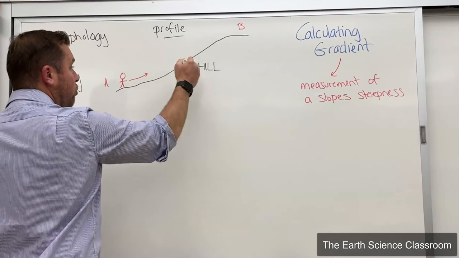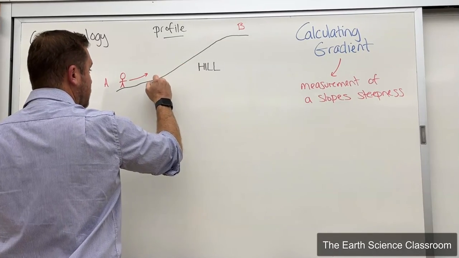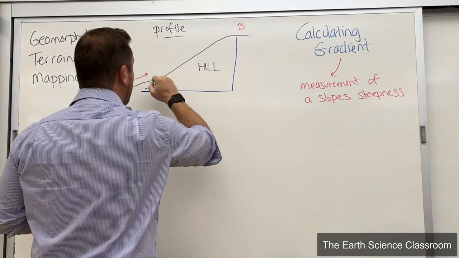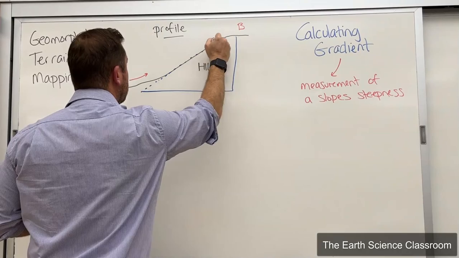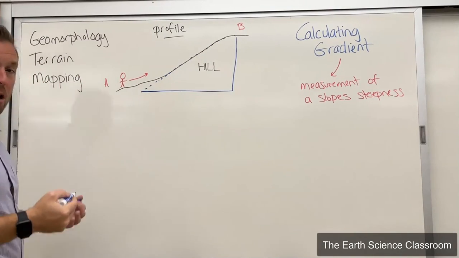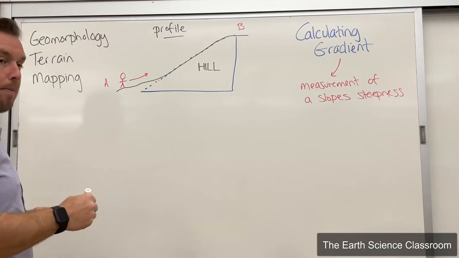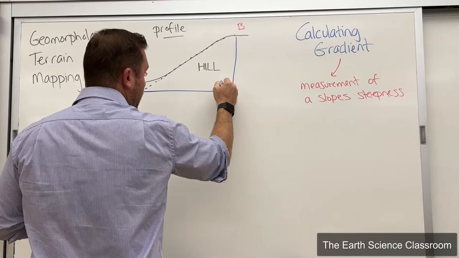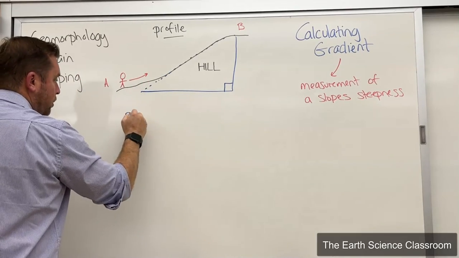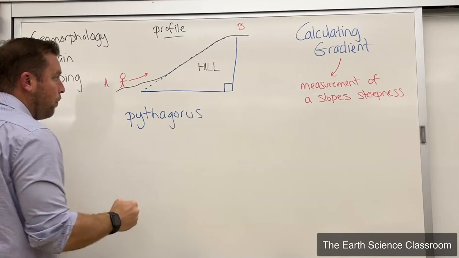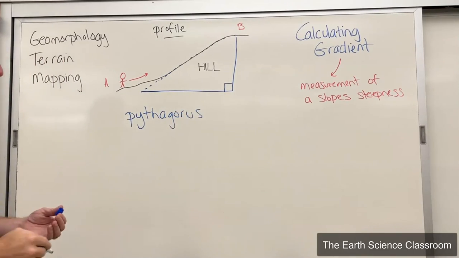So if we take our triangle here and extend this down, we're trying to find the gradient, which is the measure of the steepness, the mathematical measurement. This is a right-angled triangle, so we can use Pythagoras to figure out our gradient, the steepness.